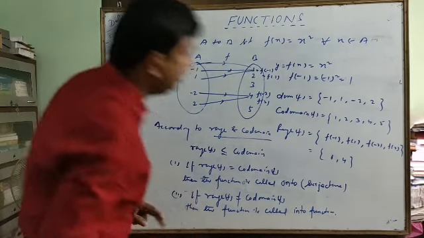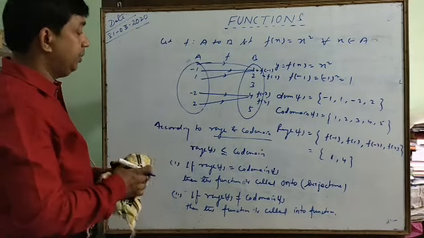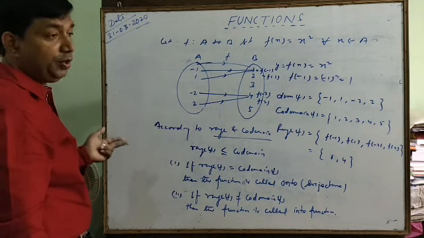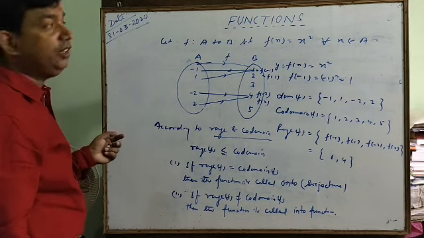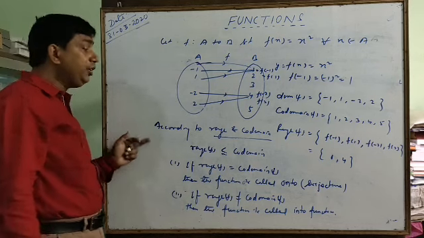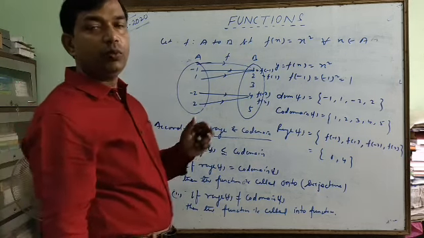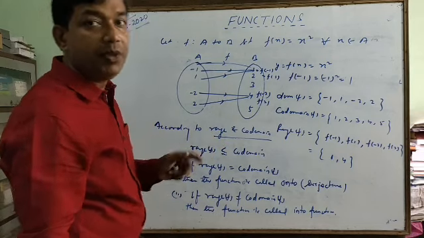Now right after that, I will explain two more examples and two more types of function. According to images, functions are two types. One is one-one and another is many-one.